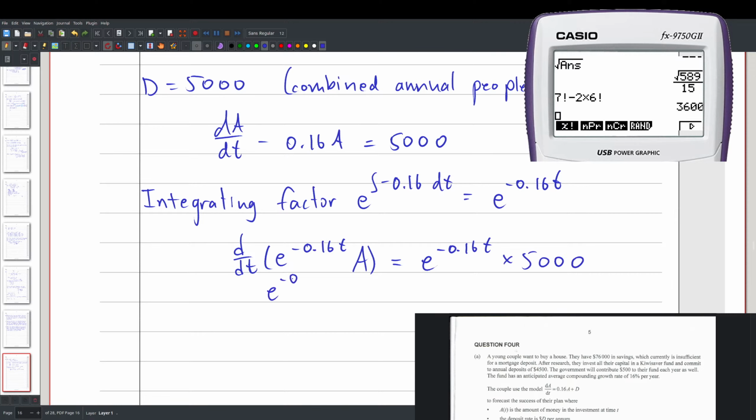Integrate both sides. e^(-0.16t) times A is equal to 5,000 divided by 0.16, which is negative 31250. Wait, hold up. That's not right.